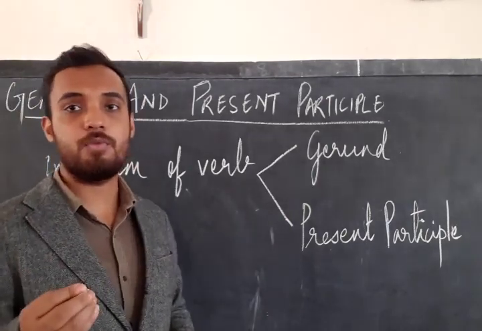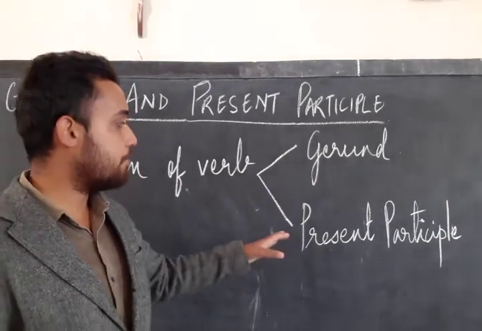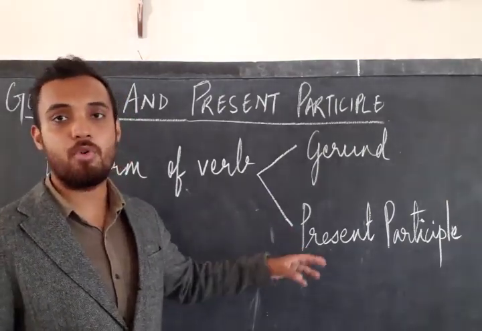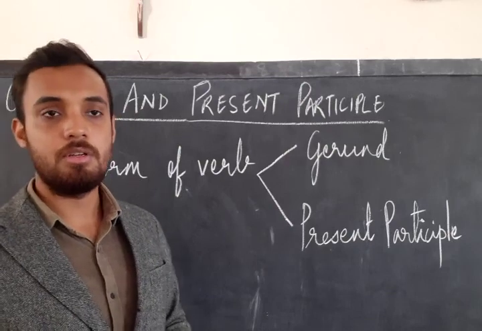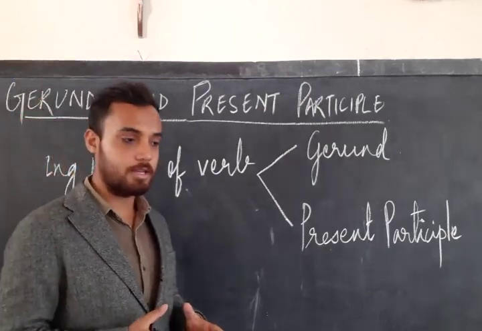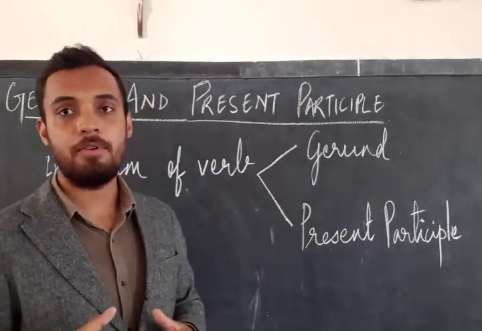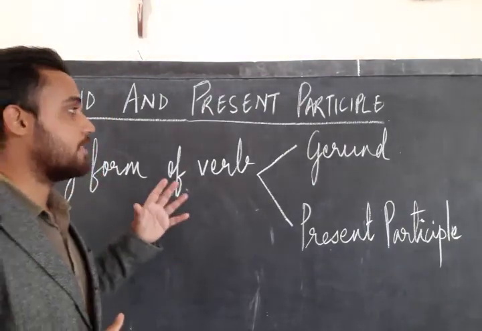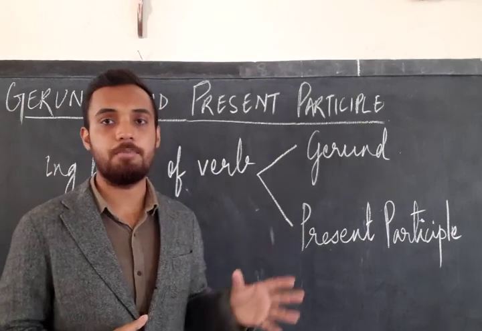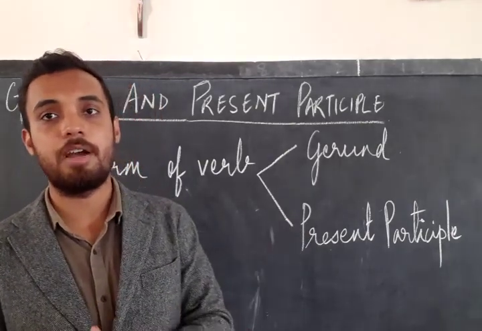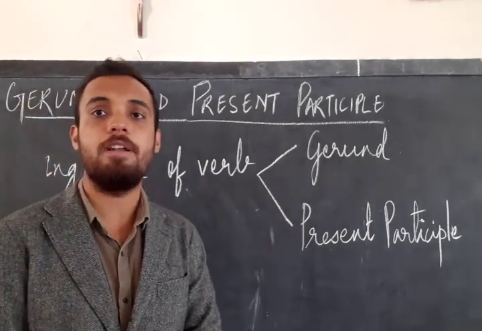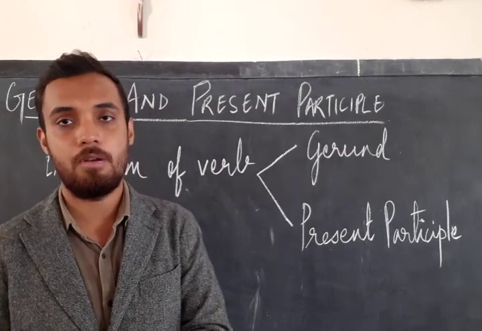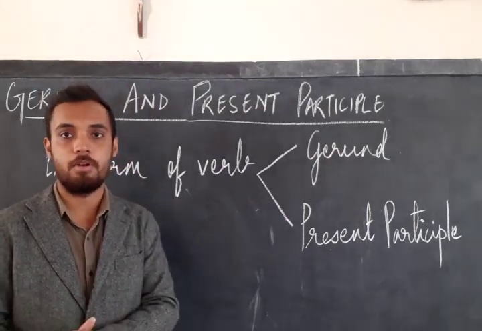A gerund ends with ing and a present participle also ends with ing. The similarity is that they both have an identical form, meaning they both end in ing form. Okay, ing form of verb.